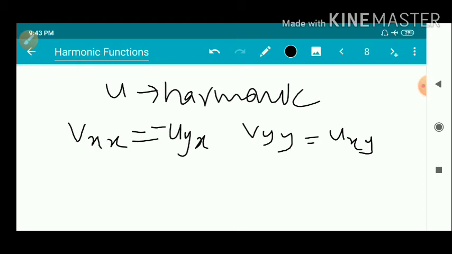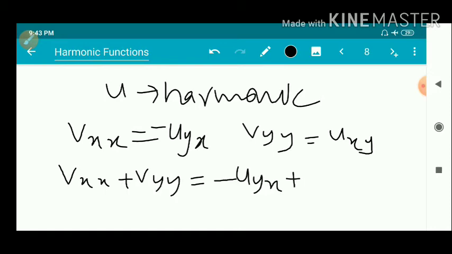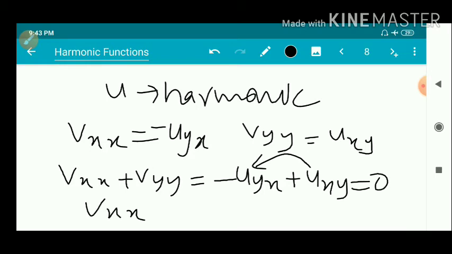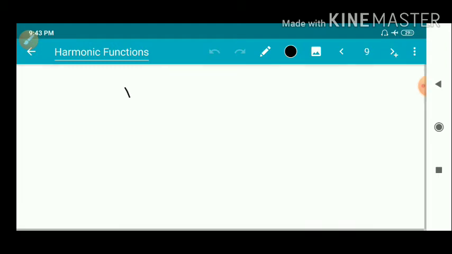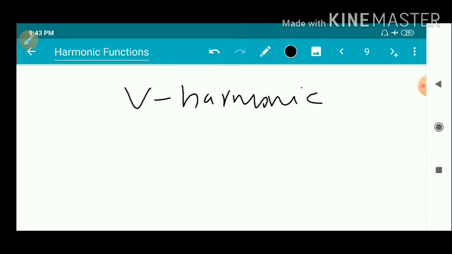So by adding we get vxx plus vyy equal to minus uyx plus uxy. Since u is a continuous function, uxy and uyx are equal. So adding them we get 0. That is vxx plus vyy equal to 0, which implies v is also harmonic. So the real and imaginary parts of an analytic function are harmonic.